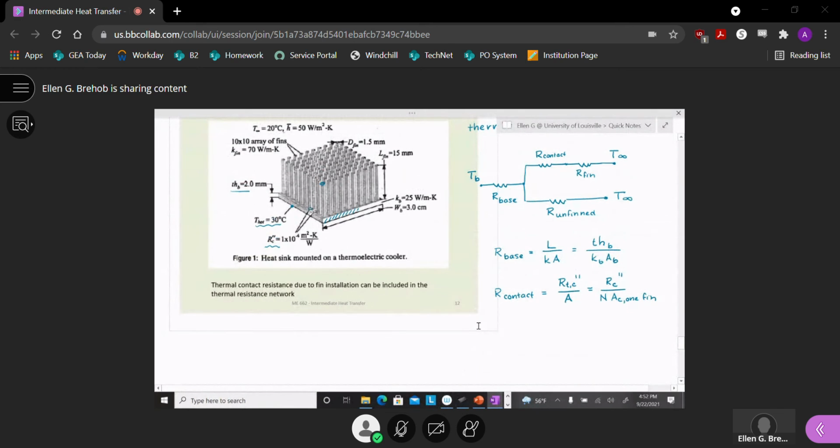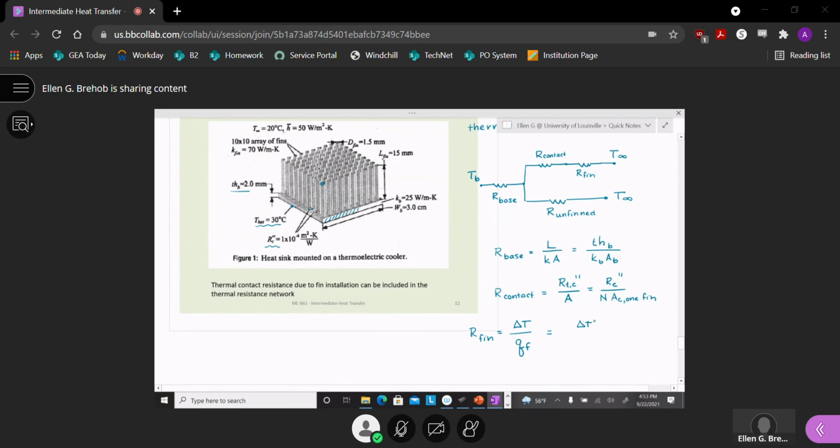Okay, what do we want to do next? Ooh, the fin. I'm trying to think of ways I can come up with this. If I go back to the definition for a thermal resistance, it's the driving temperature difference over rate of heat transfer. And it's not T_B to T infinity.